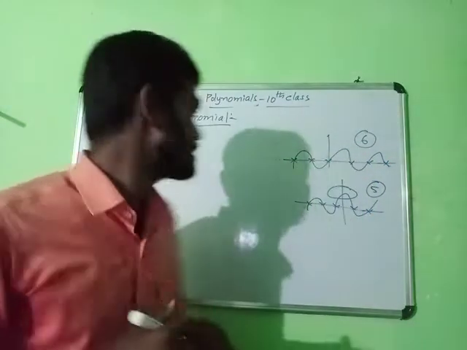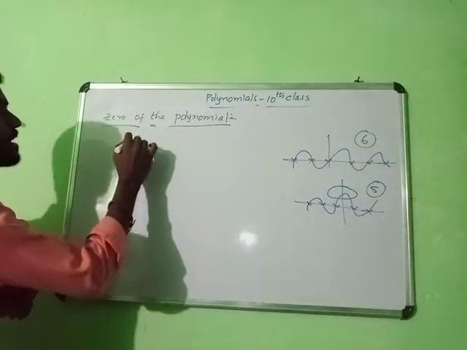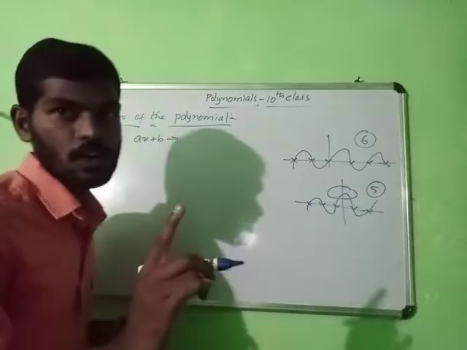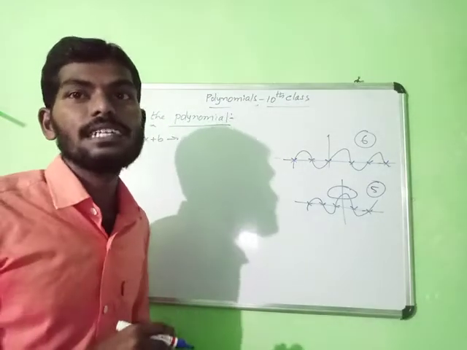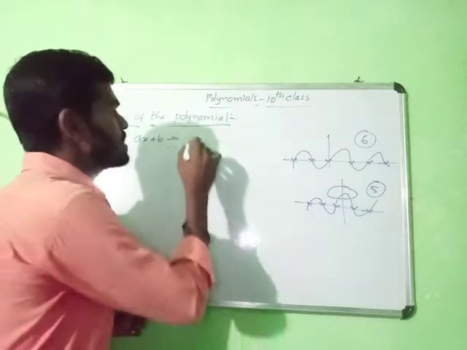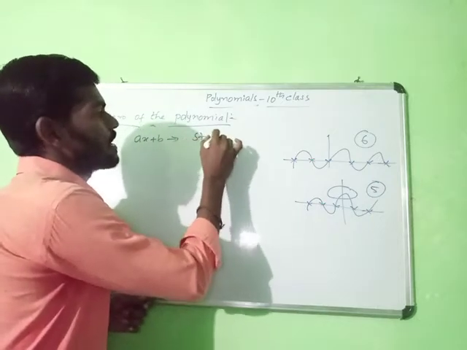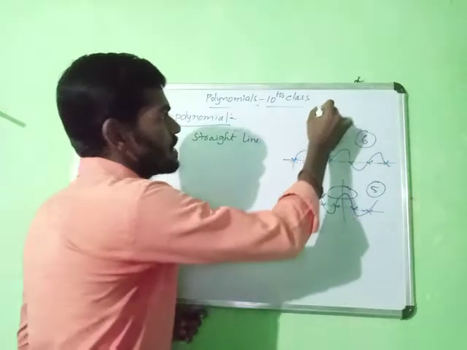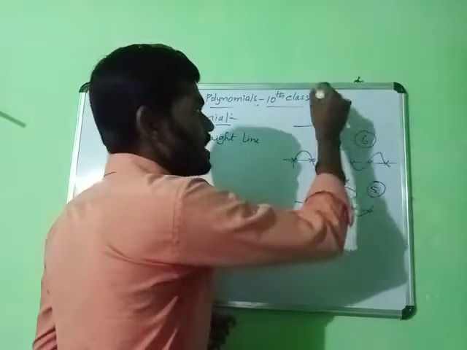And next, for example, take the linear polynomial. ax plus b is a linear polynomial. It contains only 1 zero, and the shape of a linear polynomial is always a straight line. Straight line means it will come like this, or like this.